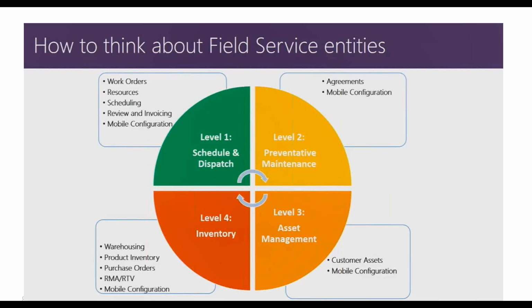They want to be able to do a little bit of field level mobile configuration, so that your agents in the field can pull up their mobile app and be able to see what they need to do, enter information on scene, get a signature on scene. All of those pieces and parts really we look at from a schedule, a dispatch type level in level 1.